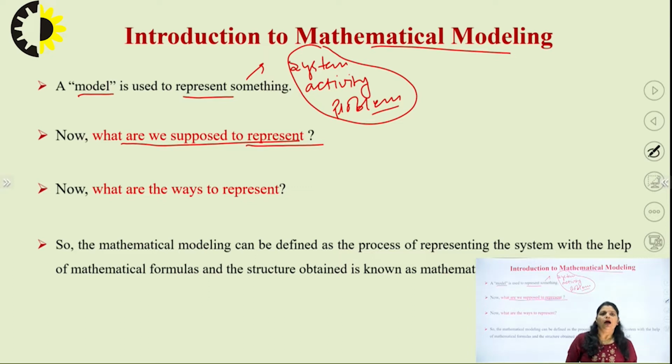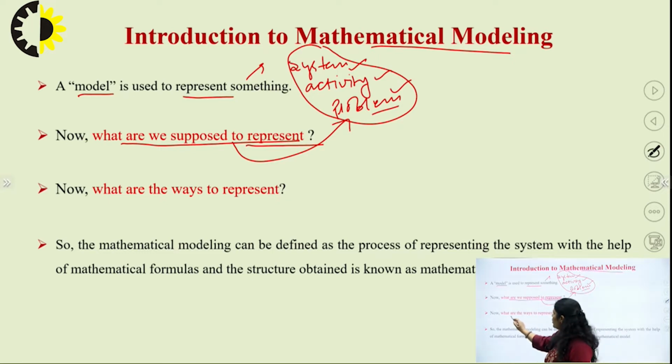And if we represent all these natural systems, their nature, behavior or activities, in a proper manner, then we will get a model which is known as a mathematical model.